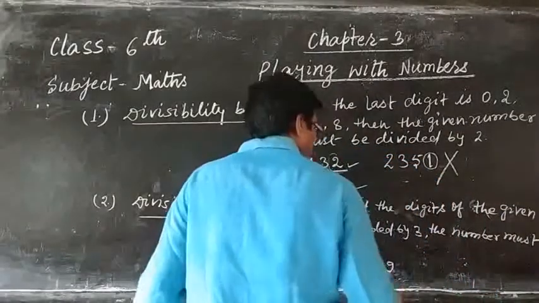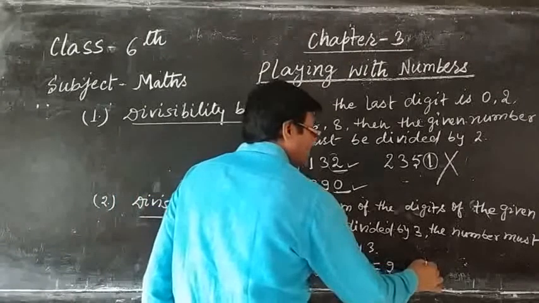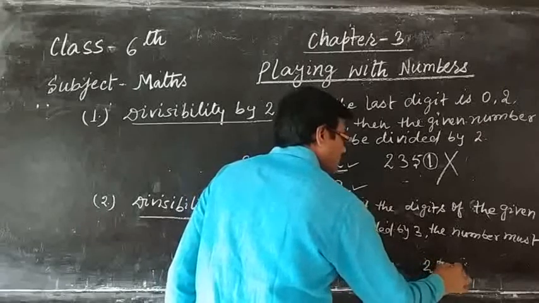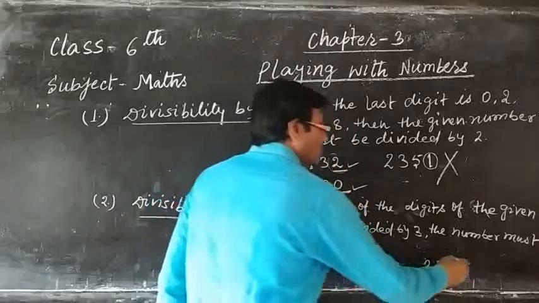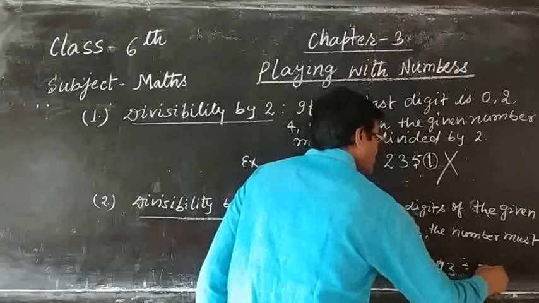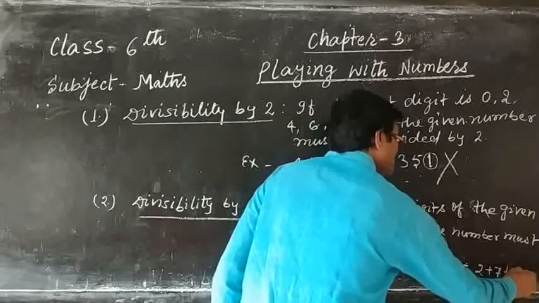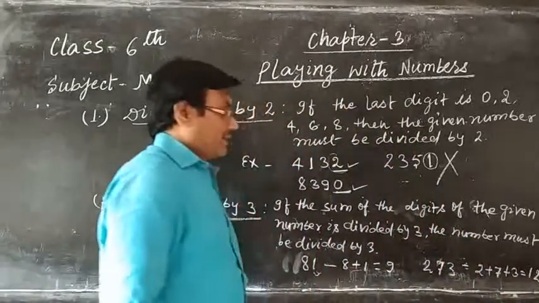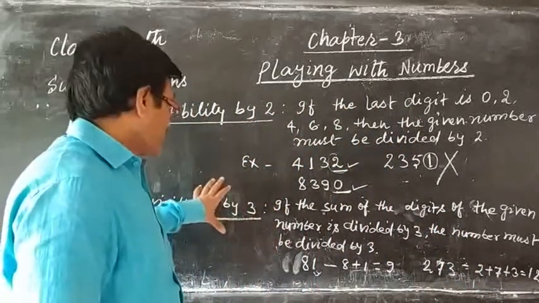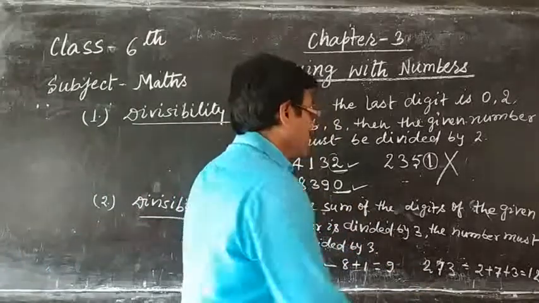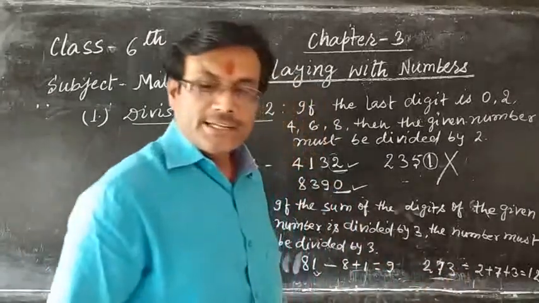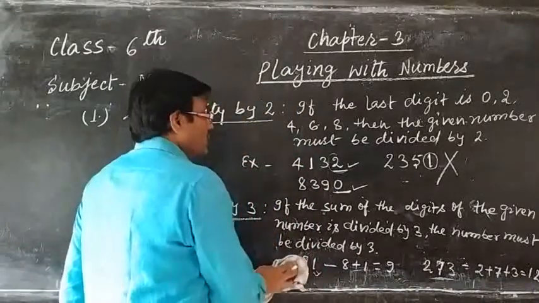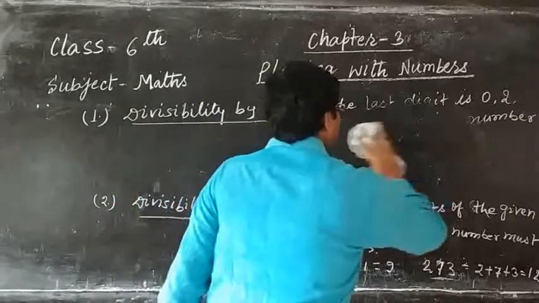Now we see the next number, 273. We add 2 plus 7 plus 3, which is equal to 12. The 12 is divisible by 3, so the number 273 must be divisible by 3. Students, like this, you can do it with other numbers also.